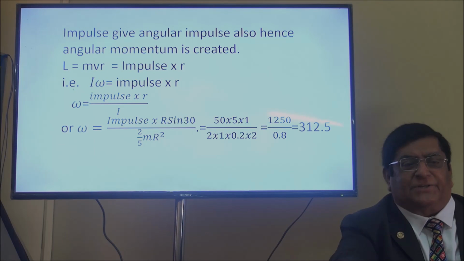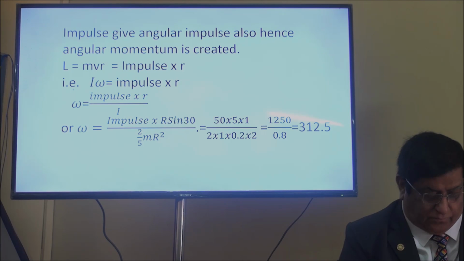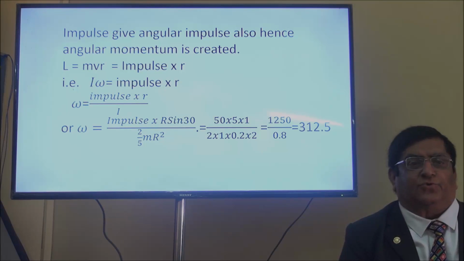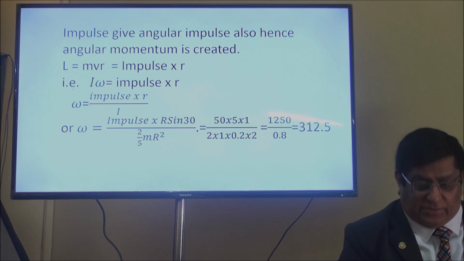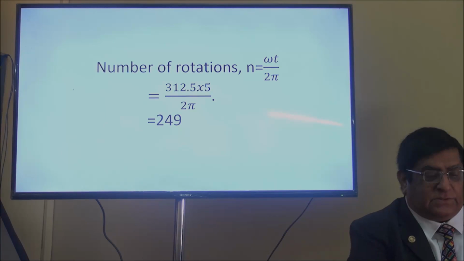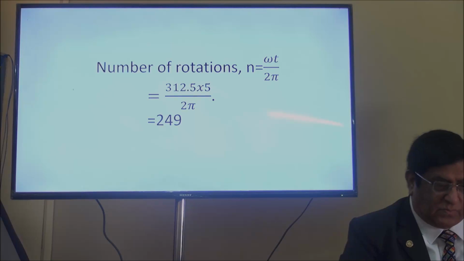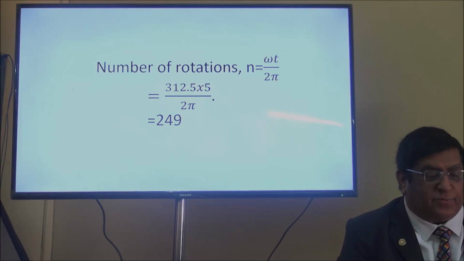Okay. In place of 5 seconds, please use that 4.3. Do that multiplication. Yeah, it comes to 265.5. That is the value of omega. And if we multiply that here with t, no, omega is to be multiplied with t.